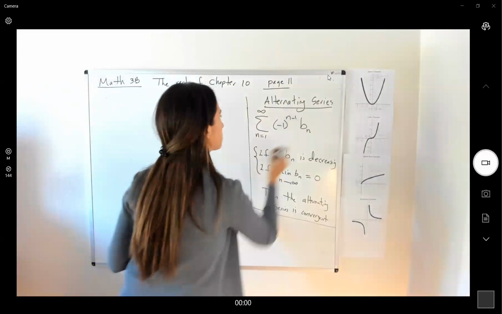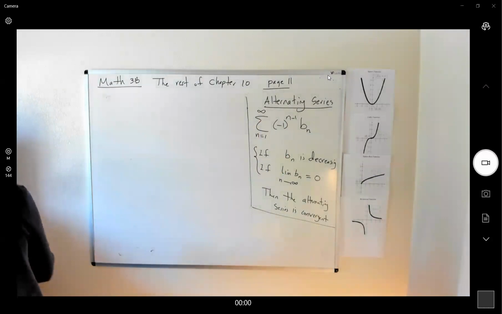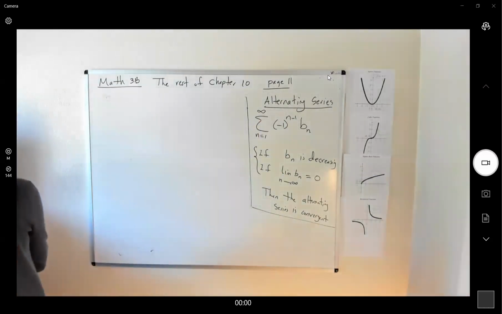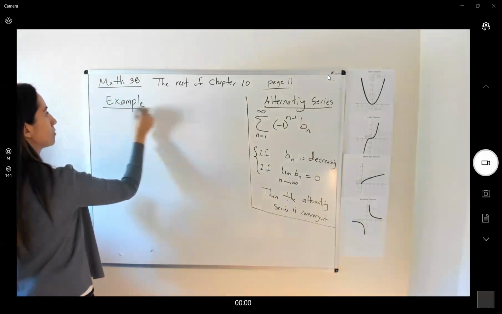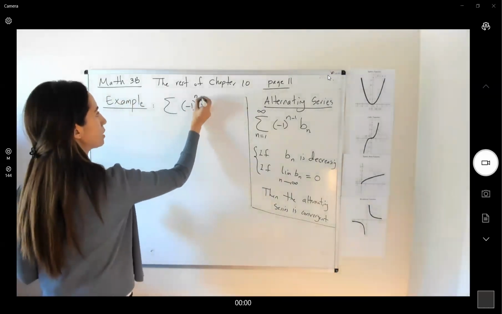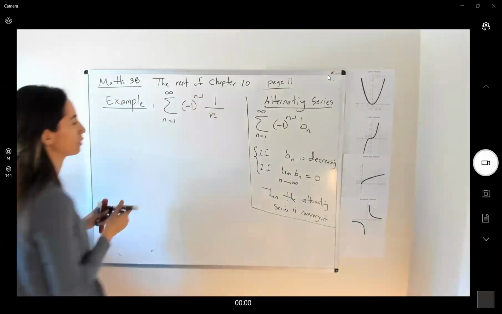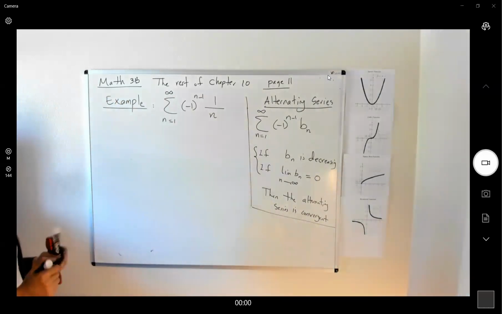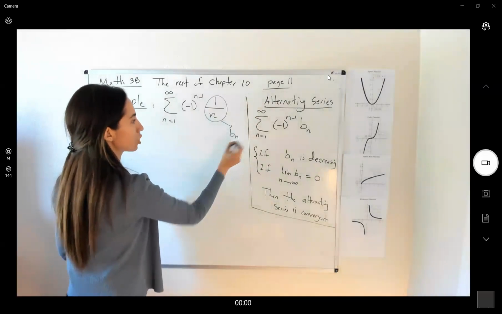Let's put a negative sign here, negative 1. One example for you. Consider this series. Series of negative 1 to the n minus 1 times 1 over n, n starts from 1 to infinity. Okay, this is your Bn, the general term.